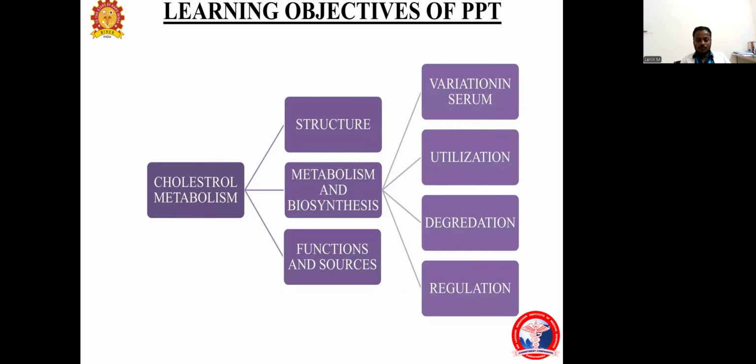Second, the metabolism and biosynthesis of cholesterol. Third, the function and sources of cholesterol biosynthesis and variation in the serum, meaning the normal level of cholesterol, its utilization, and how cholesterol is degraded. The final one is how cholesterol is regulated.